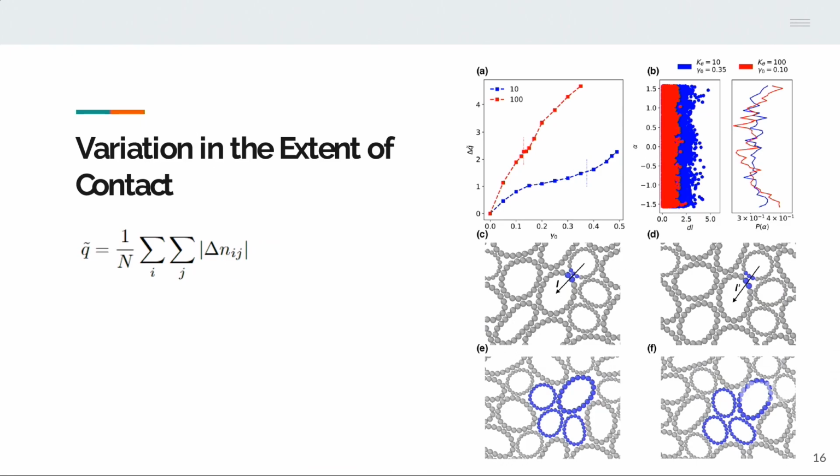So now finally we can look at the variation in the extent of contact between the rings, and we look at this quantity q tilde, where delta nij is the change of neighboring monomers between two rings. We take the mod of delta nij, sum over all neighbors, and average over all particles.